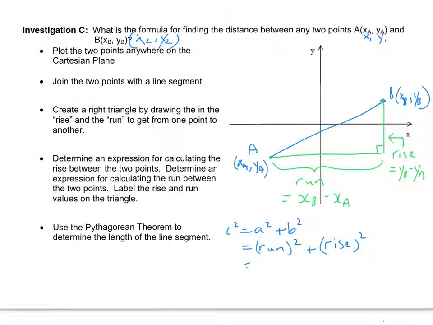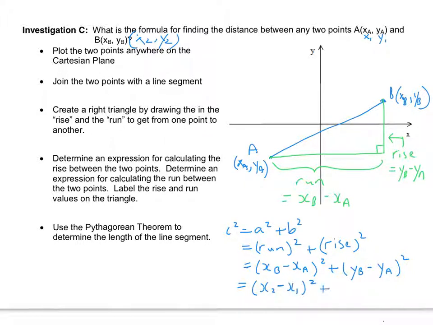Now run, we know from when we calculated slope back in those fun grade 9 days, is my xb minus my xa, all squared. And my rise is my yb minus ya, all squared. Or for those of you who like the 1's and the 2's, it could be x2 minus x1, squared. You'll see this in textbooks sometimes.